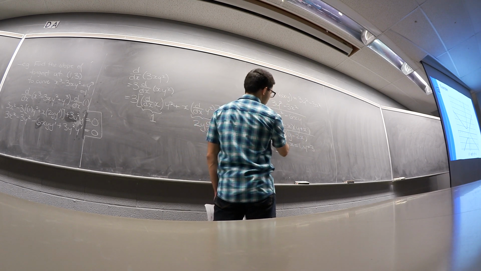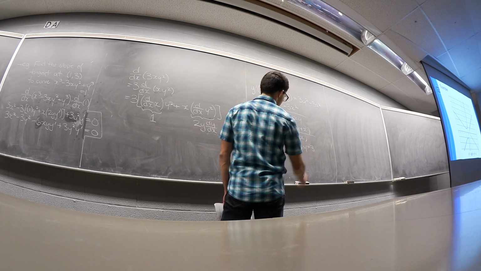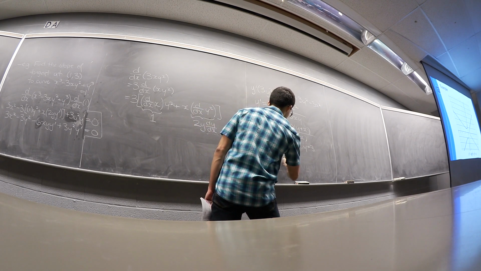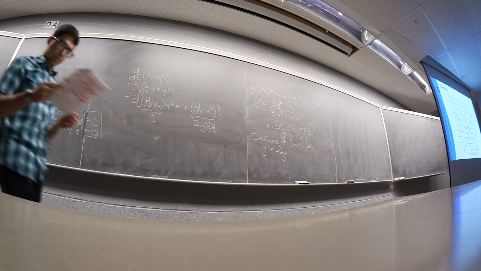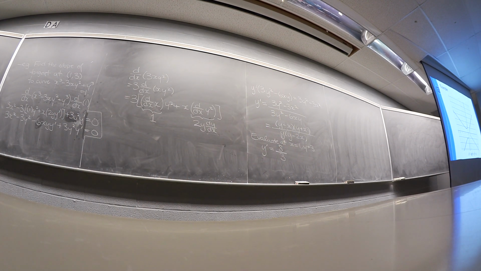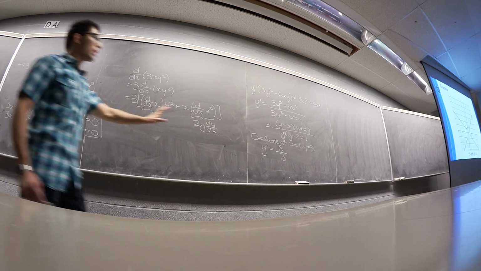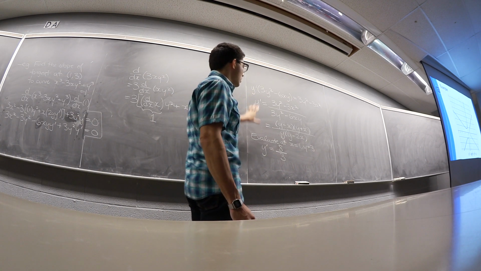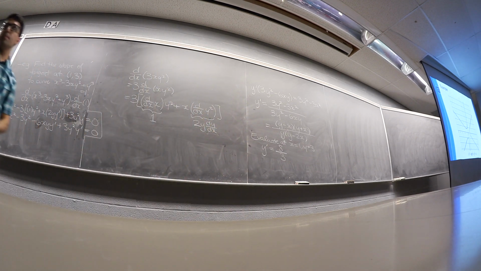On the bottom, 3 times 3 minus 2 times 1, 3, so 8/3. Good. Because we're asking you for the derivative at a point, you could plug in the point here and then solve for y prime, or you can solve for y prime in general and then plug in the point. If we don't say at a particular point, you have to do it this way.